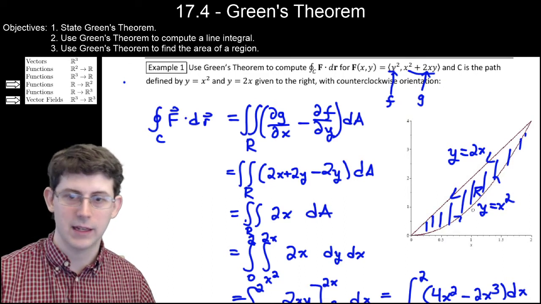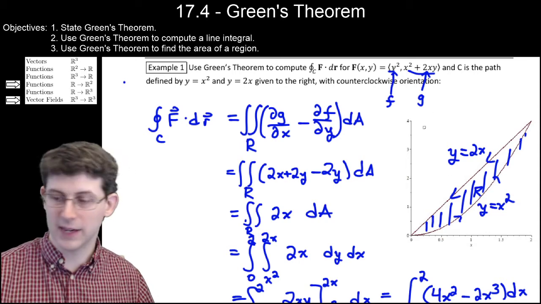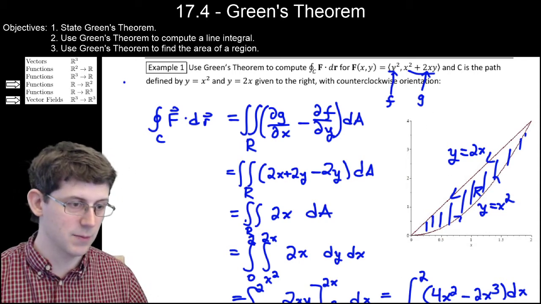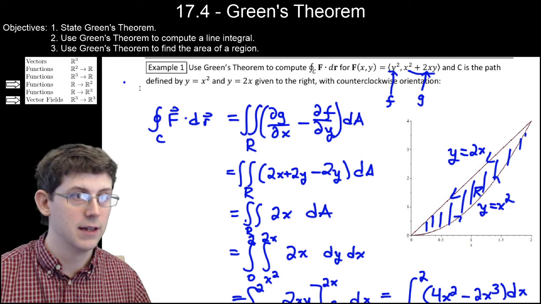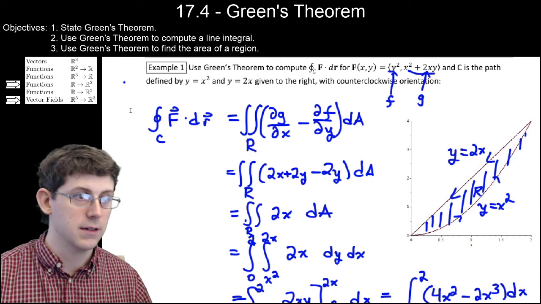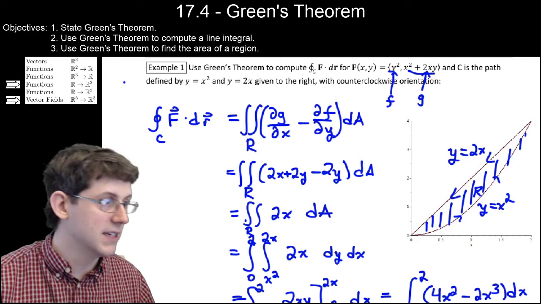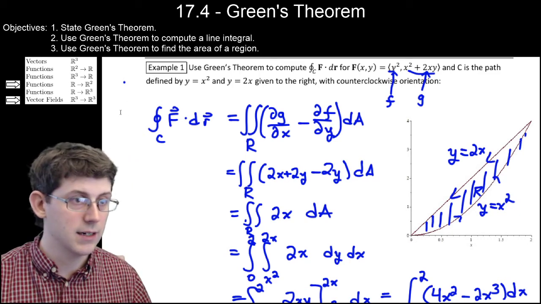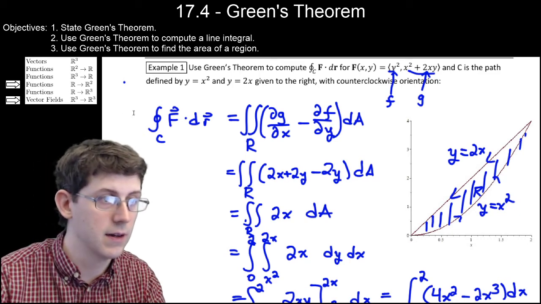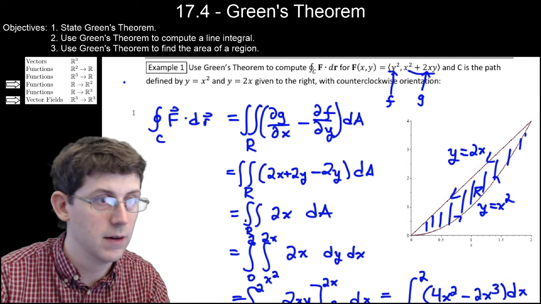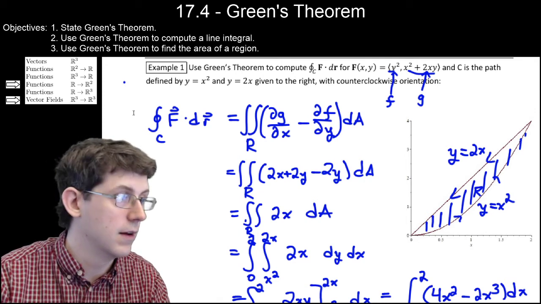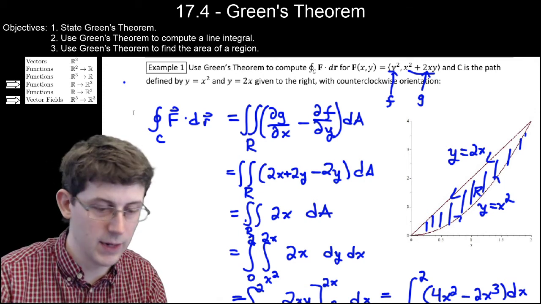Cool. I want to see a picture of this vector field generated by a computer before we move on. So what is the vector field? It's y squared in the x component, and x squared plus 2xy.